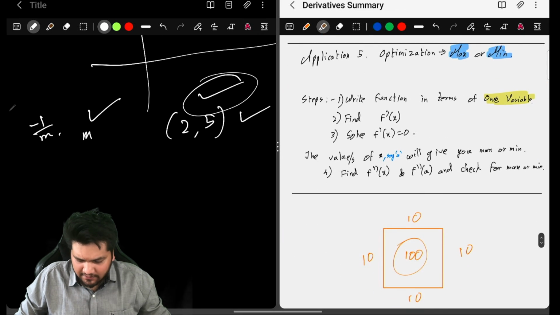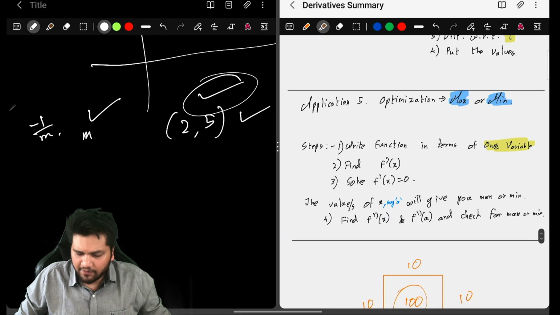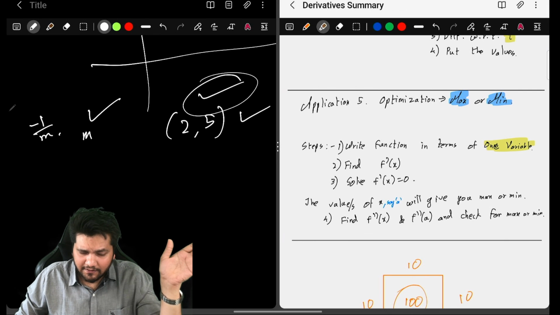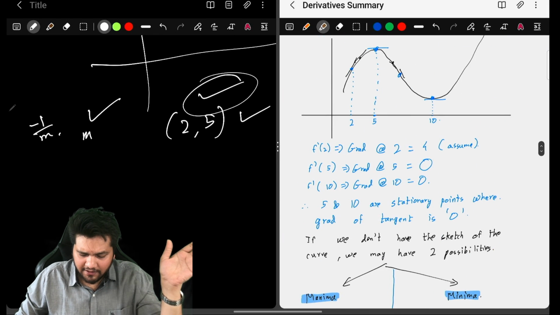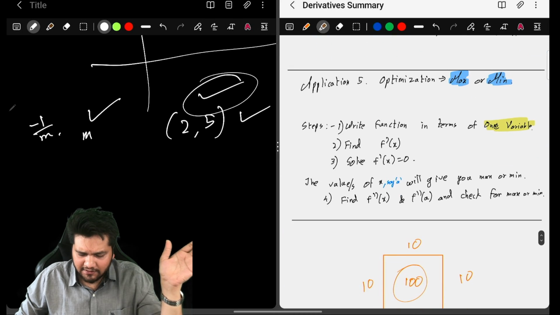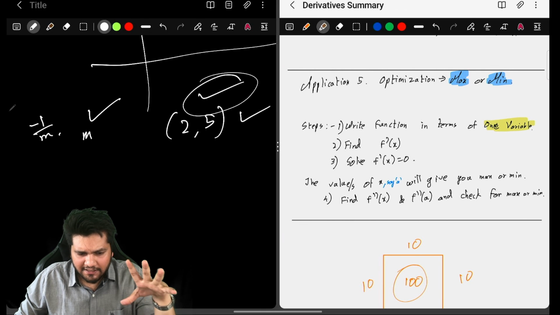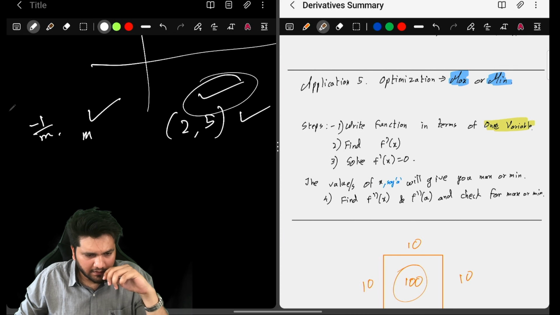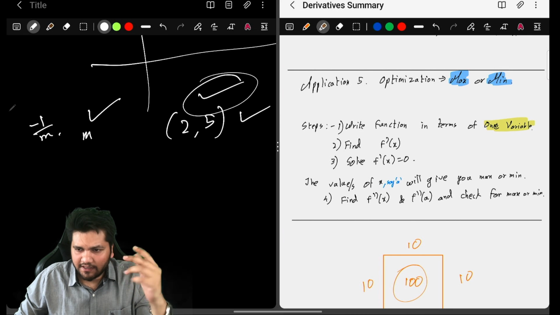Last application is, yes, last application is optimization, maxima or minima. Same thing, remember, for this thing, stationary values, when we had that f dash of x is equals to 0. So the application is basically simple, that if I want minimum perimeter, maximum area, or maximum volume but minimum surface area, that kind of stuff, if I want to do, then we use optimization.